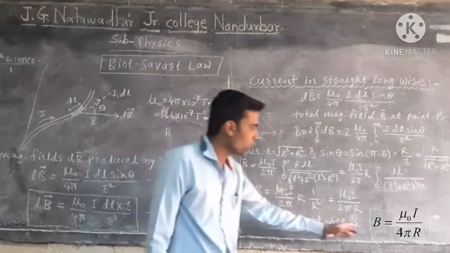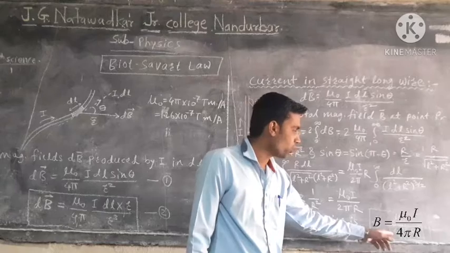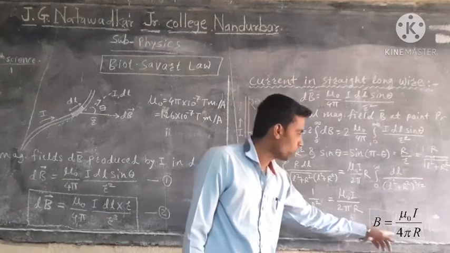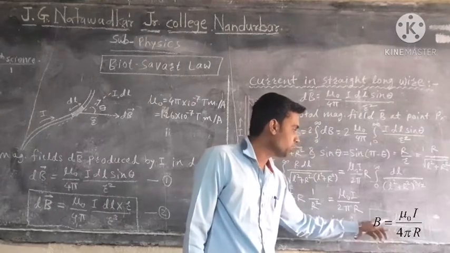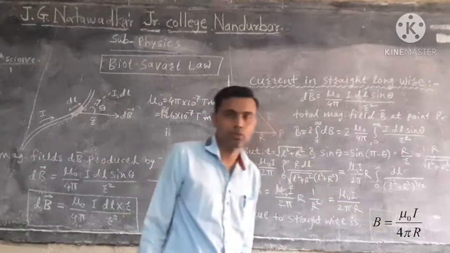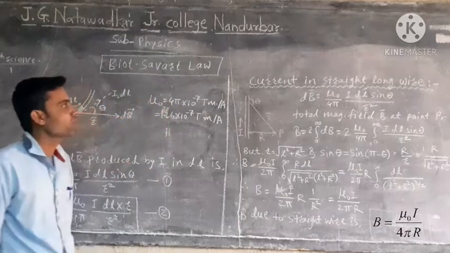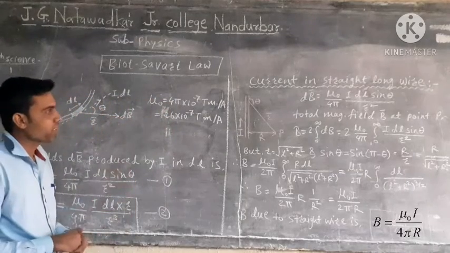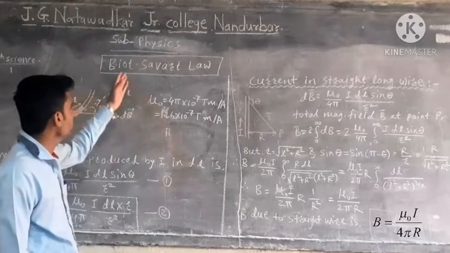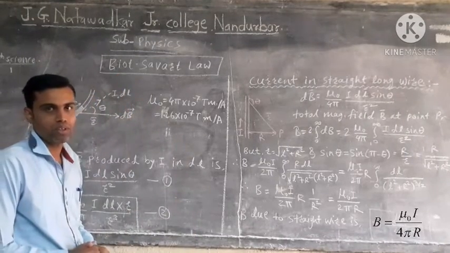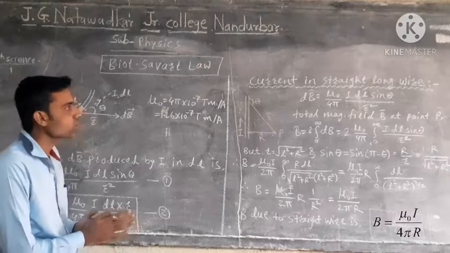That's why the total value of magnetic field will be twice. Okay, so the value will be doubled. That's why B is equal to mu 0 I upon 2 pi R. So this is the value of magnetic field in a straight long wire. We have calculated that value by using Biot-Savart law. So this is for today's point.